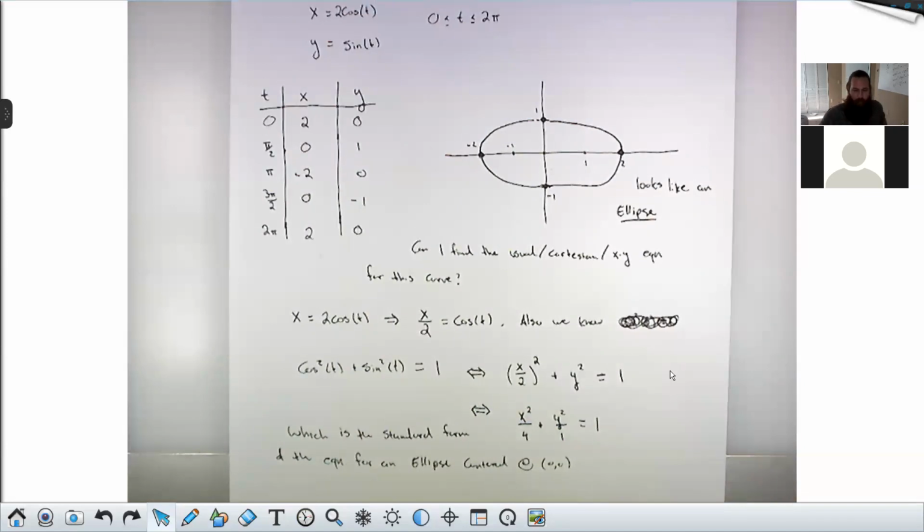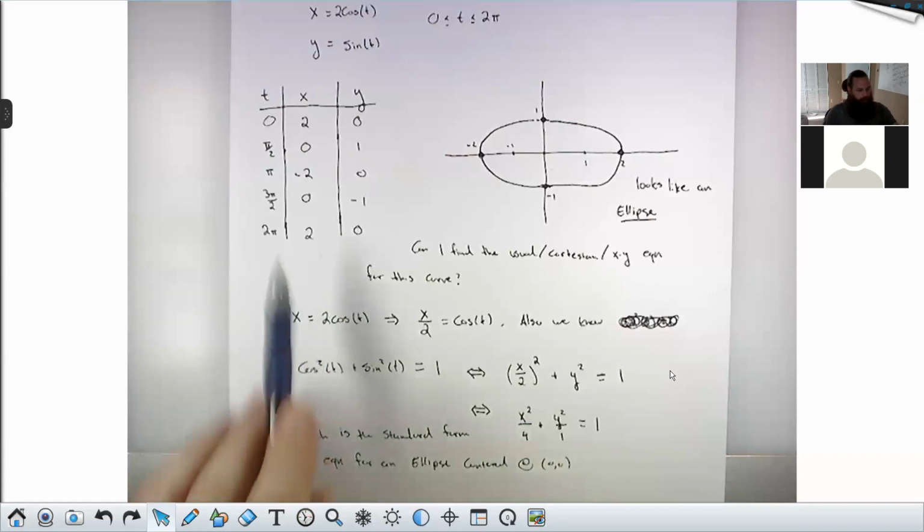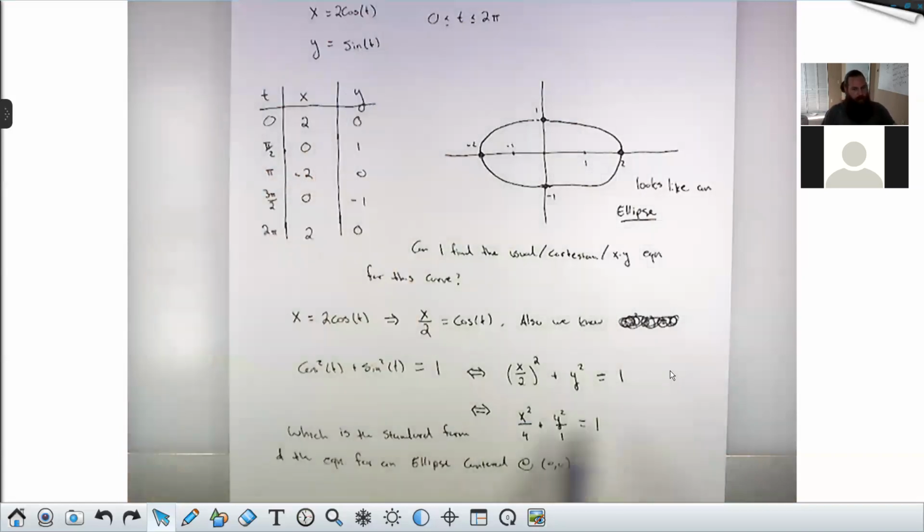And usually we want to be able to go back and forth from one to the other. This process where we go from the t's to not having any t's is called eliminating the parameter t, because we went from having t's to not having t's. So we eliminated the t's.